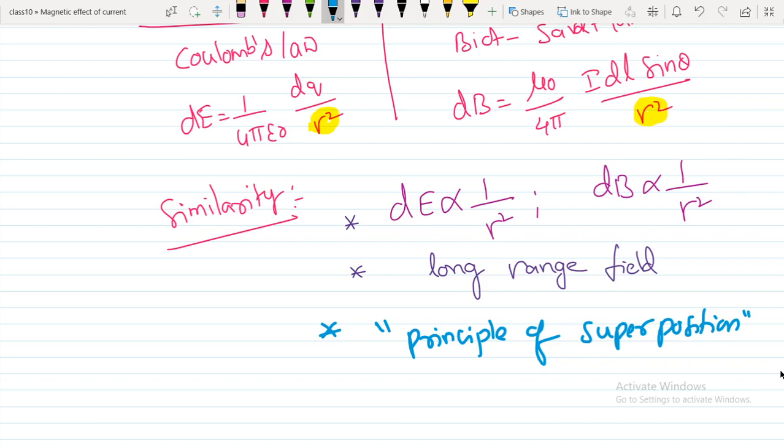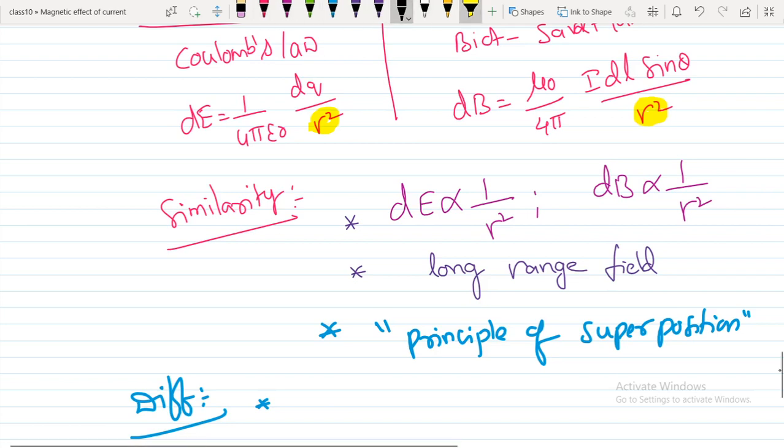And what are the differences? Let me discuss the main ones. The first is that the magnetic field is produced by a vector source, but the electric field is produced by a scalar source, because of the charge.